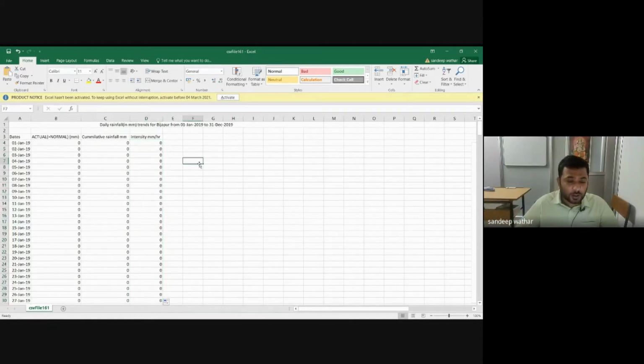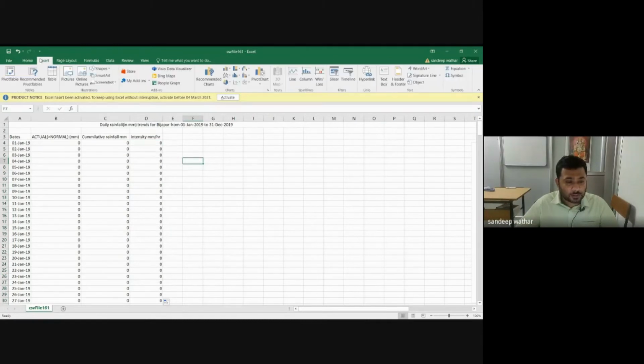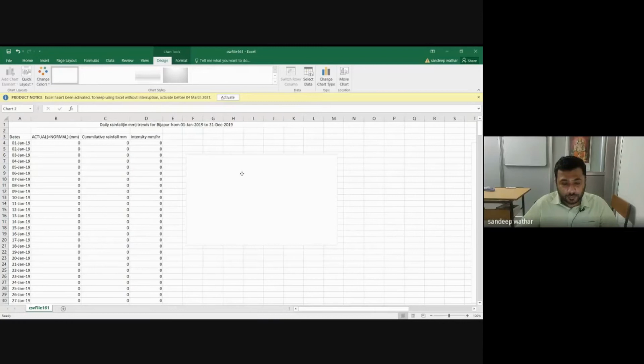Anyhow, so let's draw another curve. This curve will be called the hyetograph.